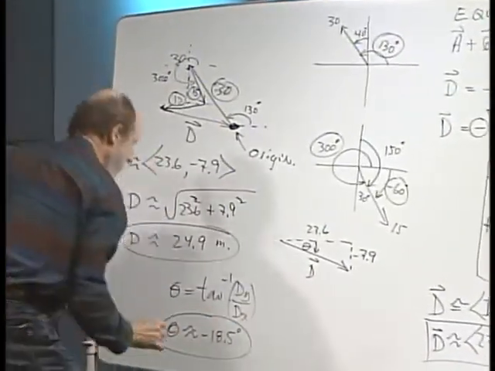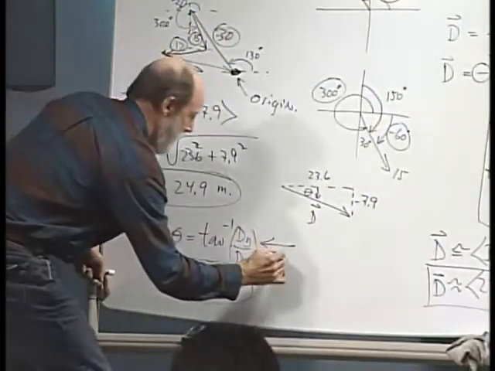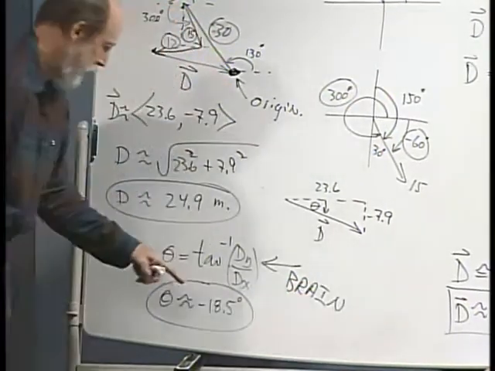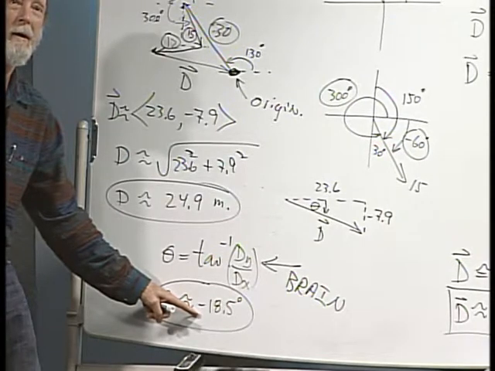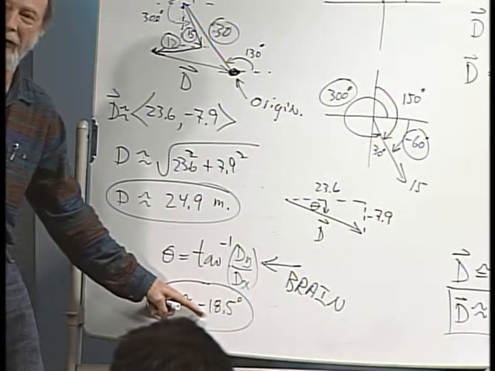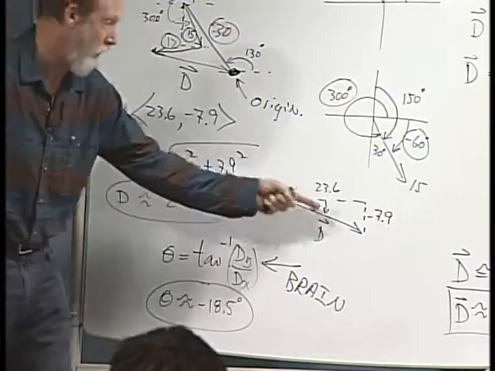I mentioned the other day, what has to go along with this? Your brain. Is this pointing in the correct direction, folks? Standard angle minus 18.5. Does it look right? Into the fourth quadrant.